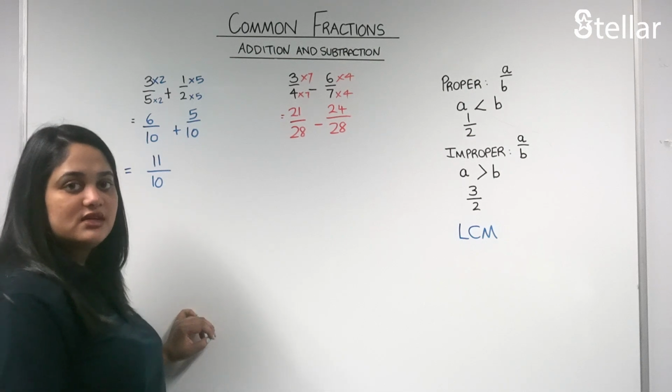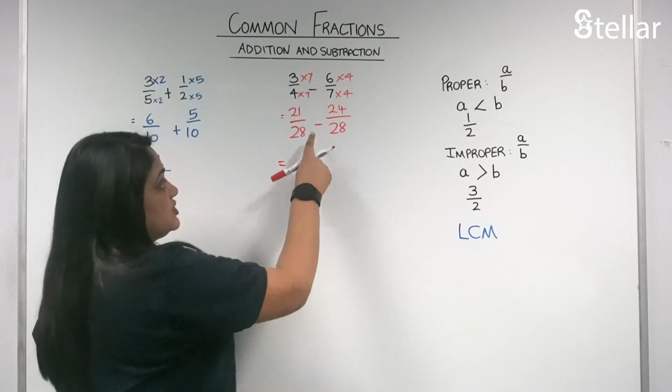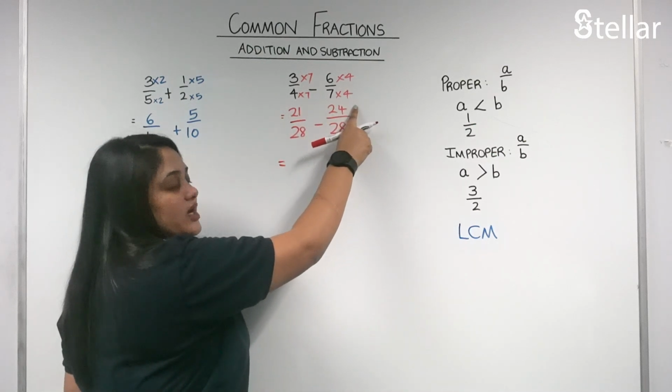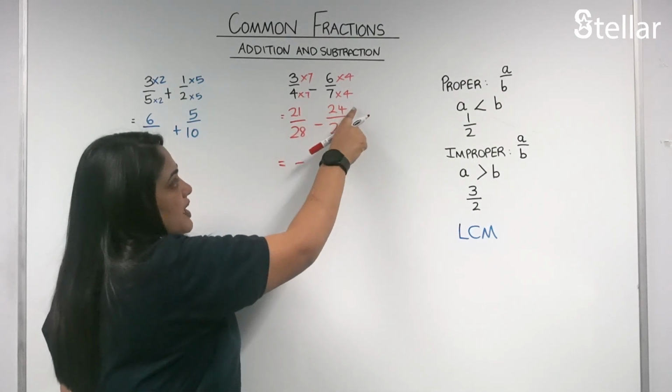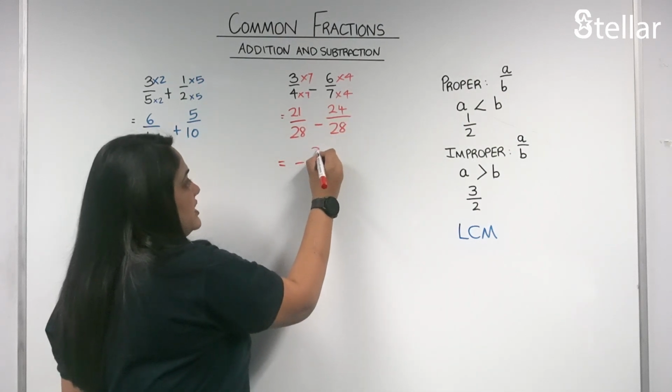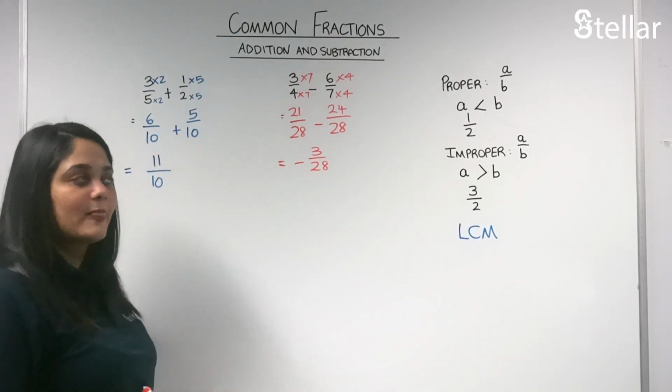Can you see that? This is going to be equal to a negative number because 21 minus 24 is minus 3 over 28.